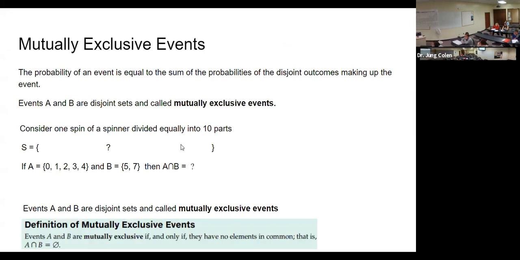So we're talking about mutually exclusive events here. The definition of a mutually exclusive event means there's nothing overlapping. So the intersection is empty. A intersection B is an empty set. Okay, that's mutually exclusive events. So I showed you the Venn diagram with no overlapping parts, they are separate.